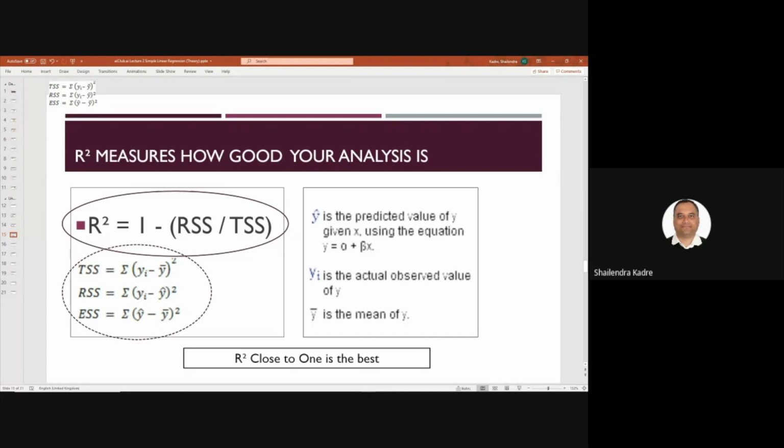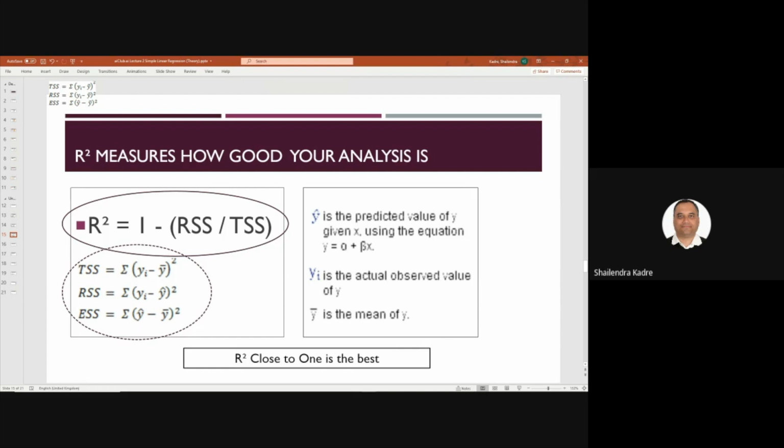So for data set 1, I am making a model and calculating R square. For data set 2, I am making a model and calculating R square. For data set 3, I am making a model and calculating R square. So all three I can compare now. If R square is close to 1, the model is good.